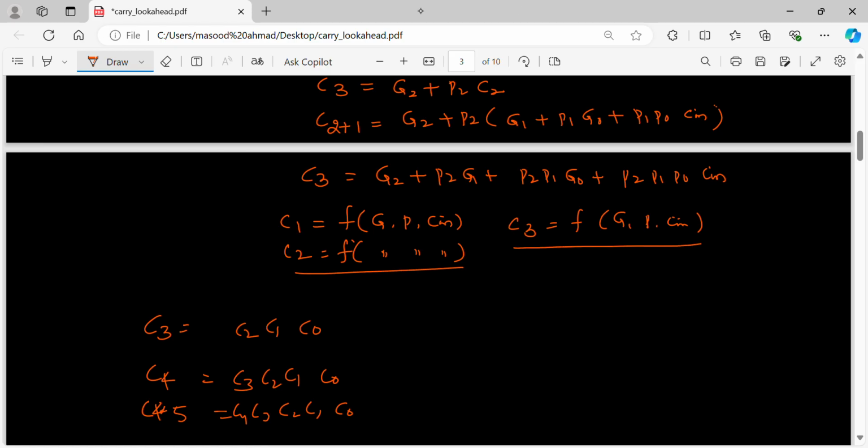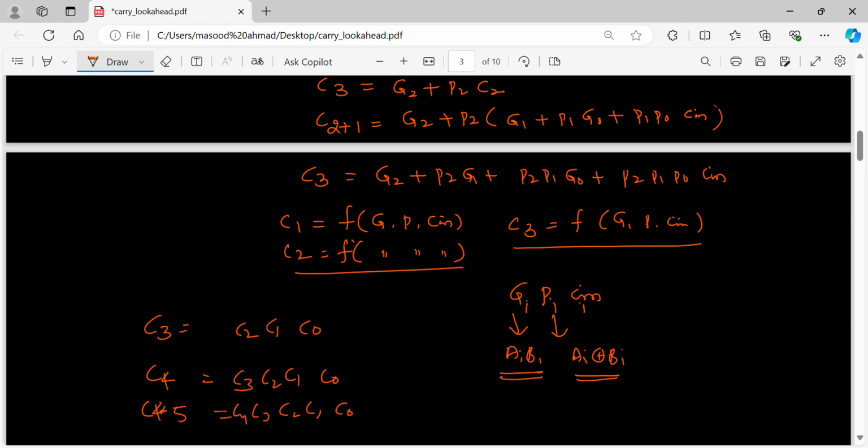So what we are doing is, before calculating the sum, we compute the carry from generate, propagate, and Cin. Generate is Ai AND Bi, Gi equals Ai Bi, and propagate is Ai XORed with Bi. So from the XOR and AND operations, we get generates and propagates.